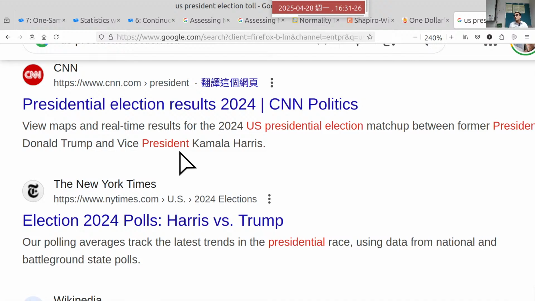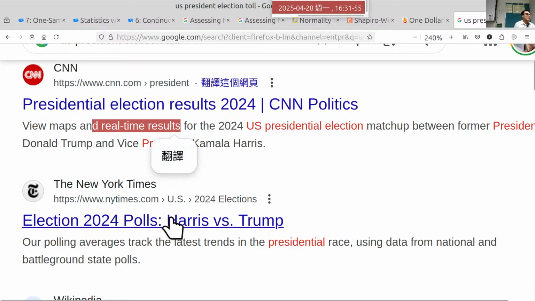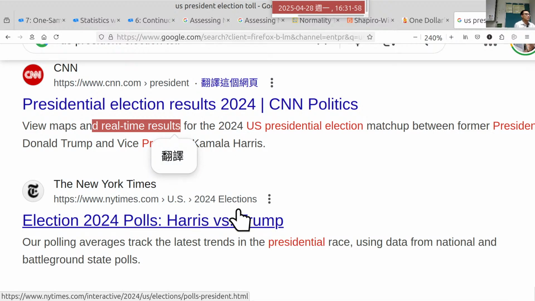Before the election, there are many surveys asking voters, who do you want to vote for? It's impossible to ask everyone, do you like Joe Biden? Do you like Donald Trump? It's impossible to ask everyone their voting tendency. Thus, how to do the sampling is very important.